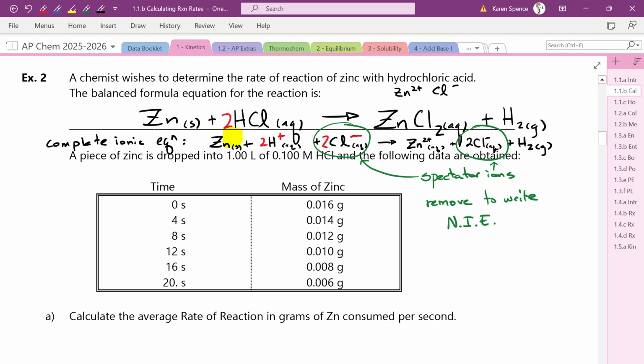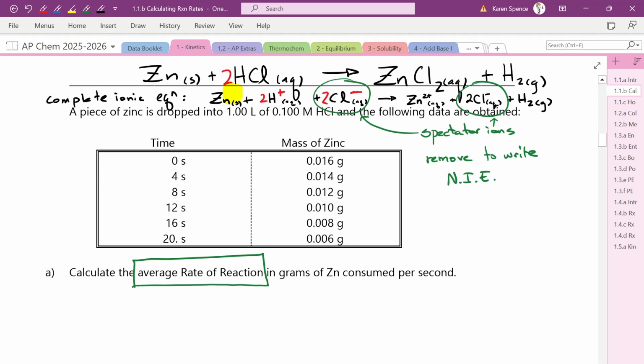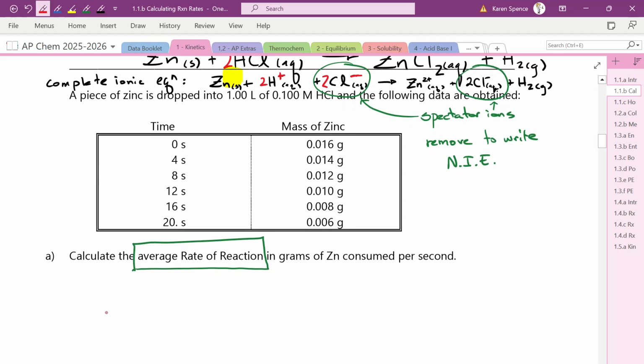Now, when you are asked to calculate the average rate of reaction, do not add them all up and divide by whatever. An average rate of reaction is equal to the change in quantity over the change in time.